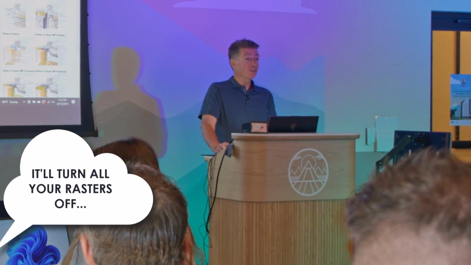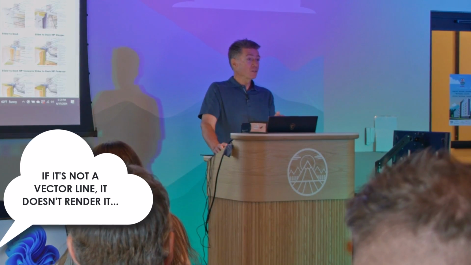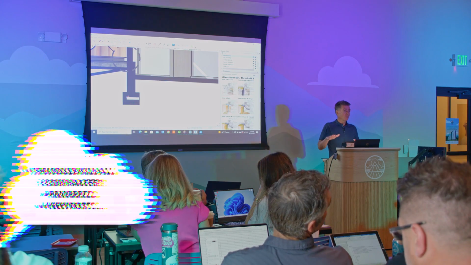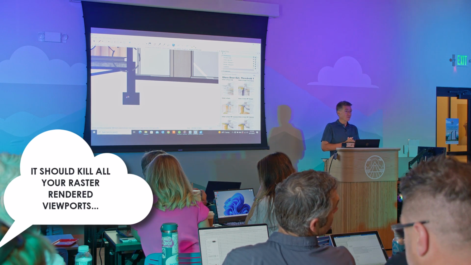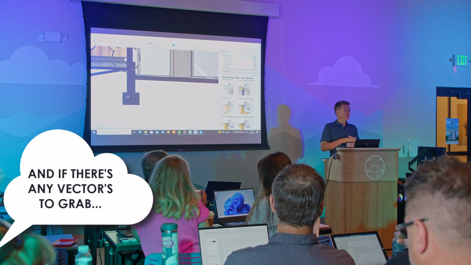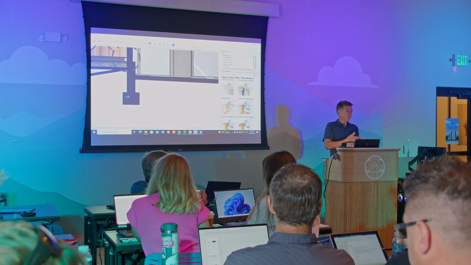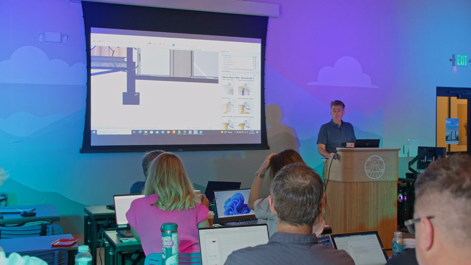Oh, so I can't do that. That's awesome. So this isn't a vector. So this is just the section plane I'm looking at. It should kill all your rasters whenever you have vectors. It'll see, even if there is the hybrid section cut laid on top of it. Well, that would be awesome.